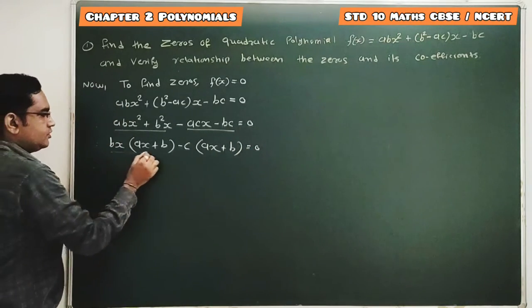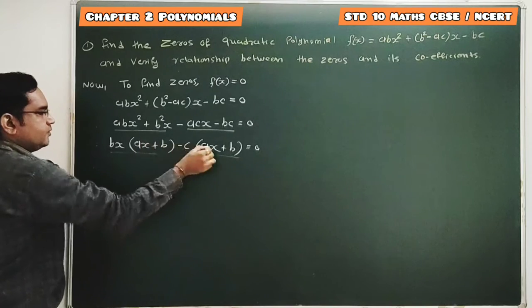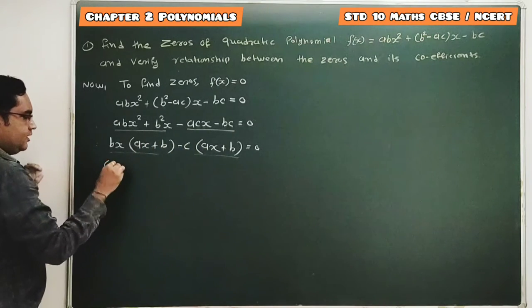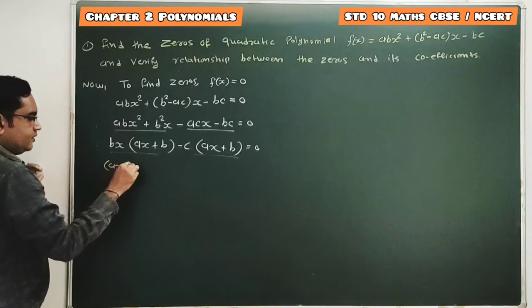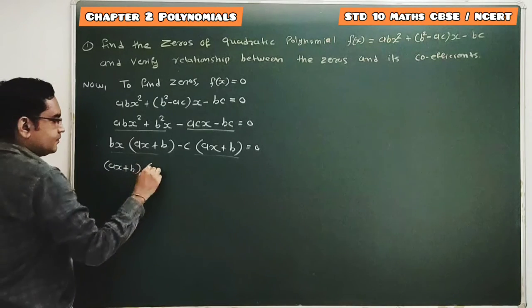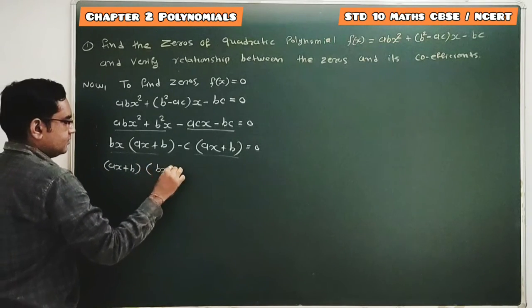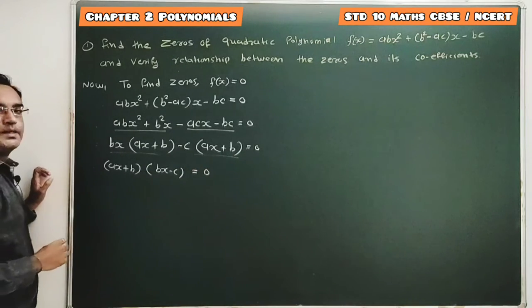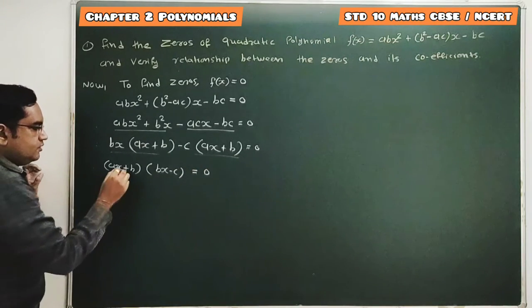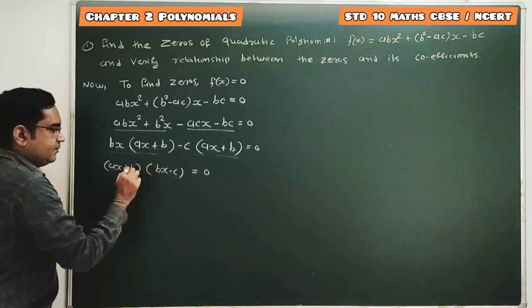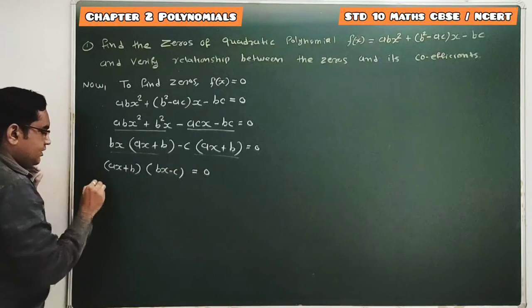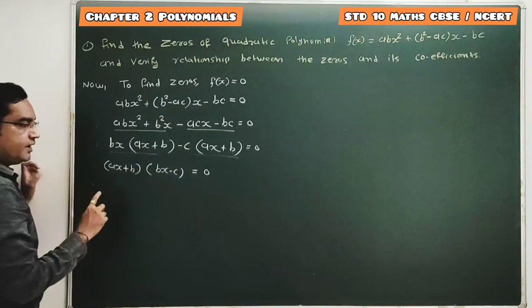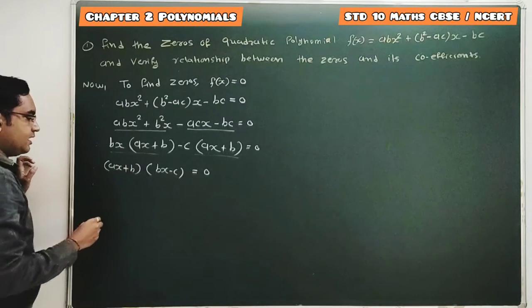Done. Now from these two terms, the bracket ax plus b is common, so taking ax plus b common, the remaining terms are bx minus c equal to 0. The multiplication of these two factors is 0, which means either one factor or both factors are 0.